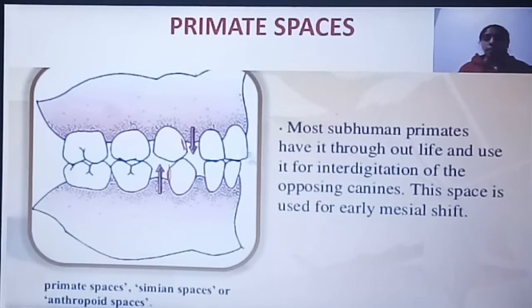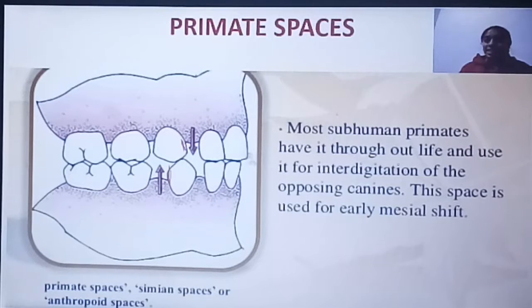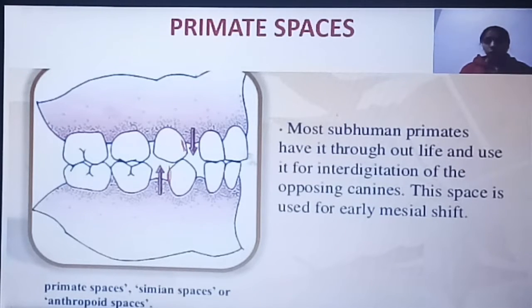So what is the importance of this space? We all know that the presence of spacing is mandatory in the deciduous dentition, because there is a size difference between the deciduous teeth and permanent teeth. As the permanent teeth are larger, they require some space to erupt.